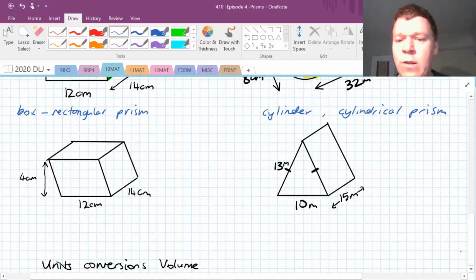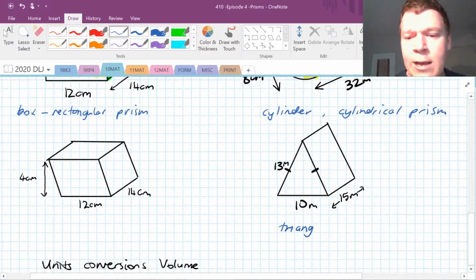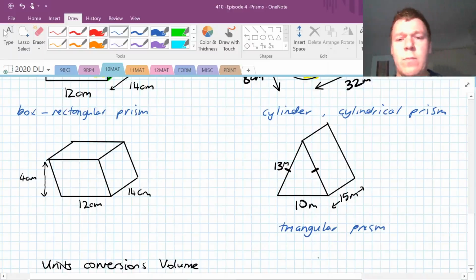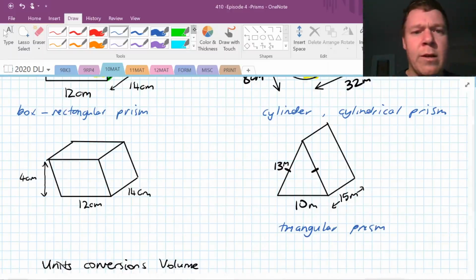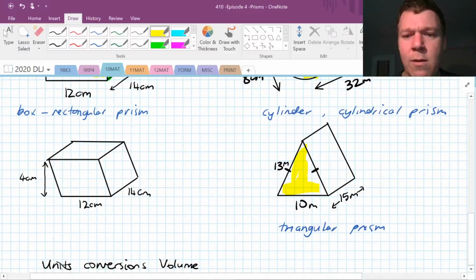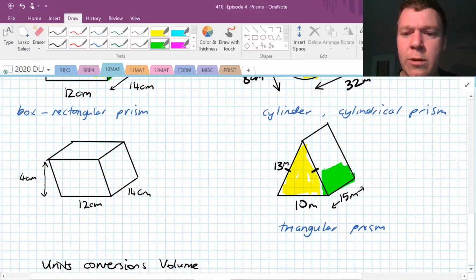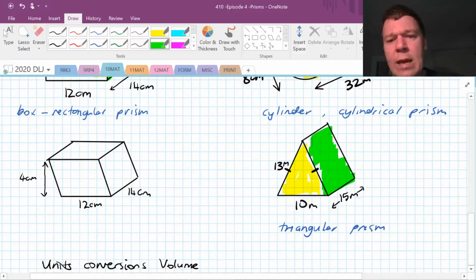They all have the same rule. So this is a triangular prism. Okay, so anything that has a front face that has been extruded is a prism.